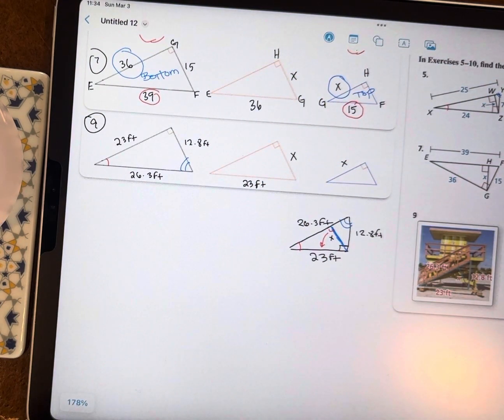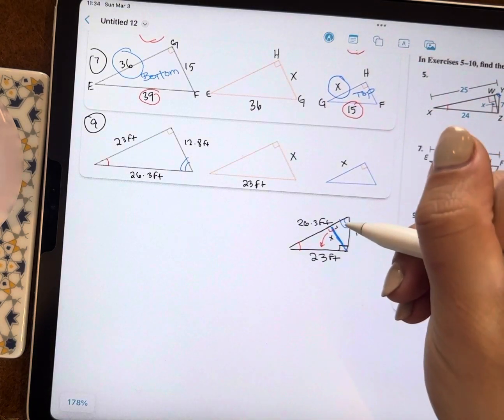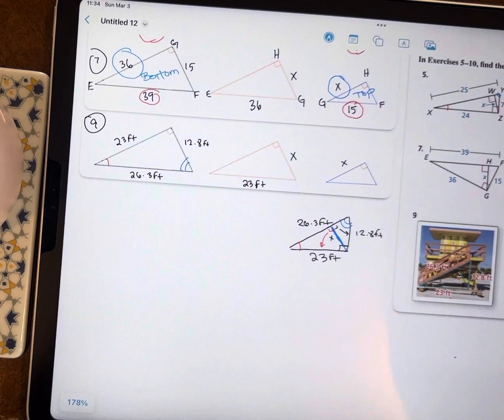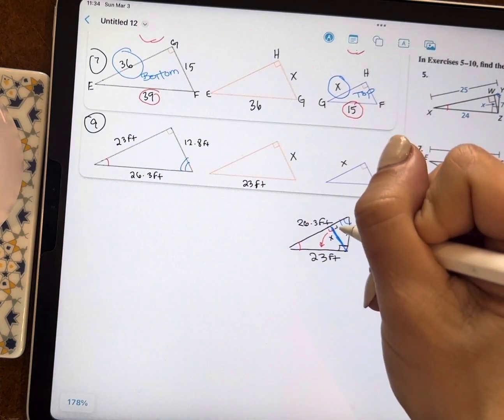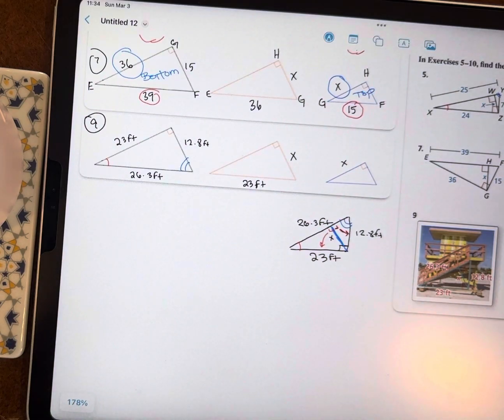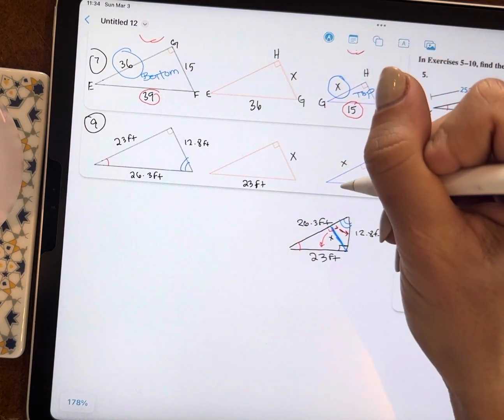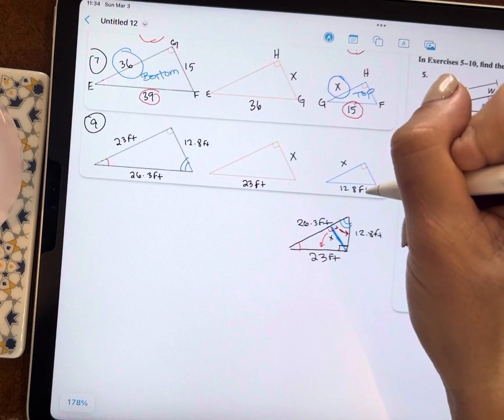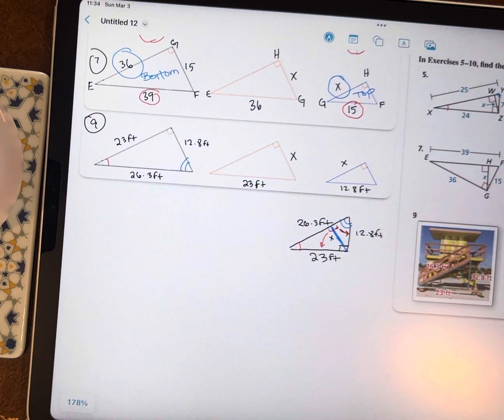And 12.8 is the hypotenuse of the little triangle. Okay, where are we at now?